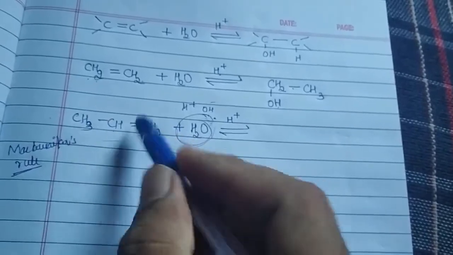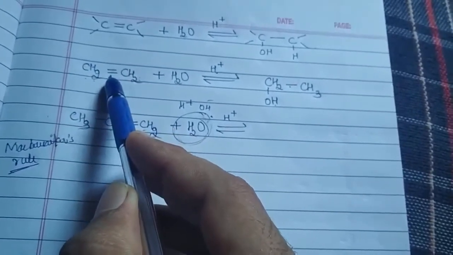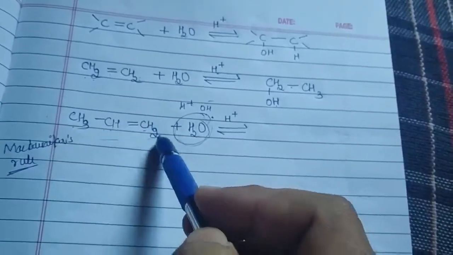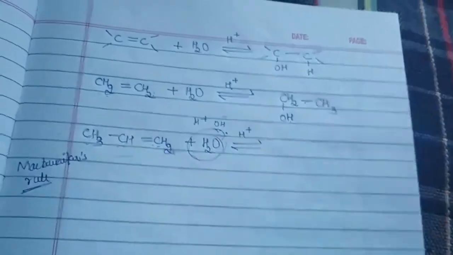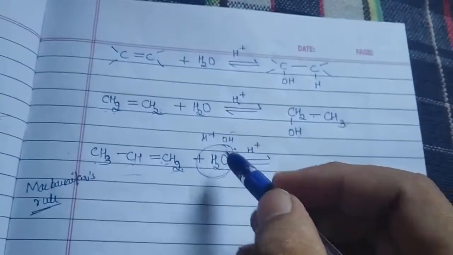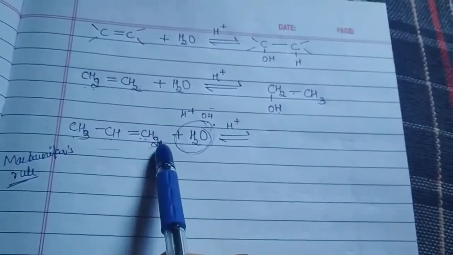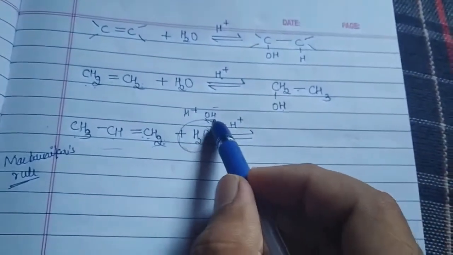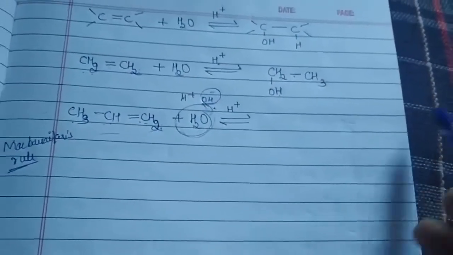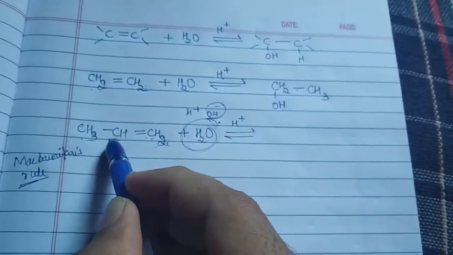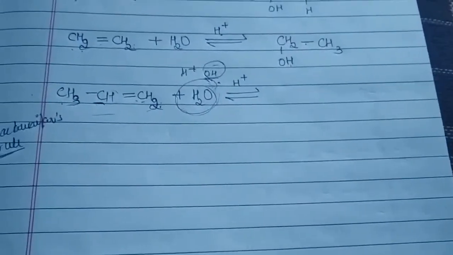Why is the alkene unsymmetrical? This one is symmetrical: there are two atoms and one bond, so there is symmetry. Here, on one side there are 3 and on the other only one. Able to understand? So it is an unsymmetrical alkene. Whenever an unsymmetrical molecule adds to an unsymmetrical alkene, the negative part of the unsymmetrical molecule adds to the carbon atom containing the least number of hydrogen atoms.